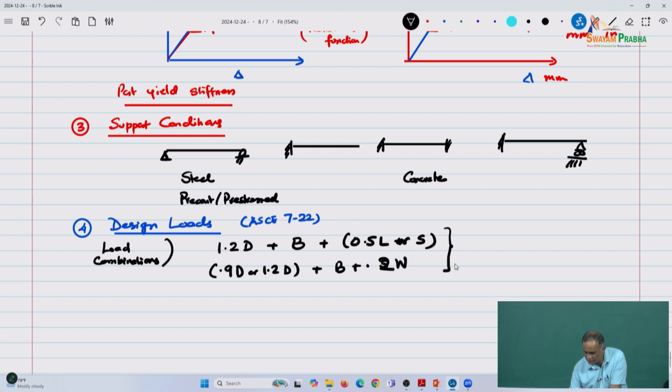So there is some wind associated with blast loads, so 0.2 W is considered. These are the load combinations as per ASCE 7-22.